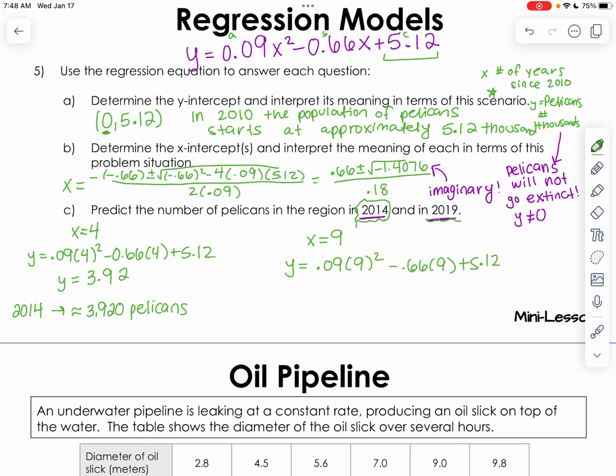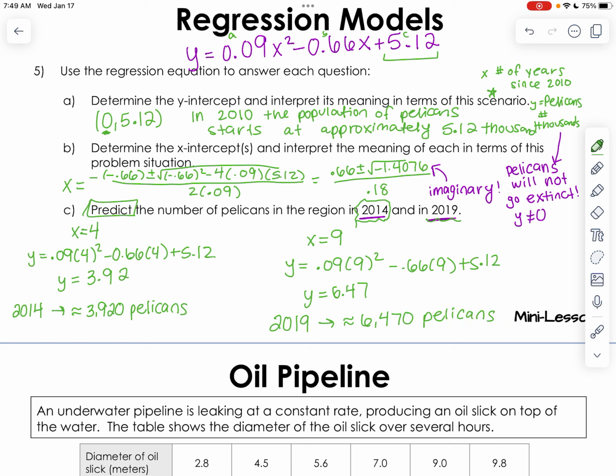All right, so I'm going to plug this in. 0.09 times 9 squared minus 0.66 times 9 plus 5.12. And I get y equals 6.47. So in 2019, there will be approximately 6,470 pelicans. Again, this is a prediction.